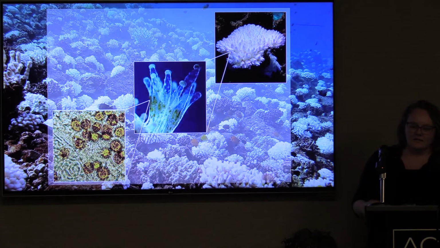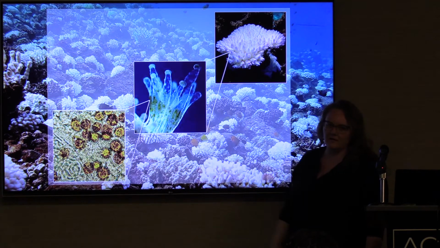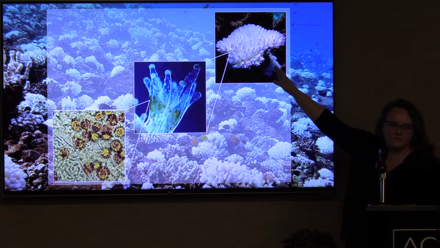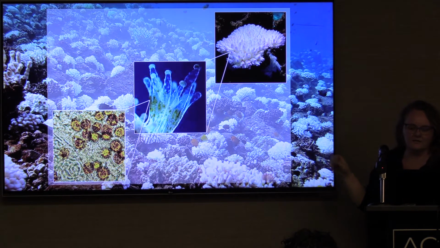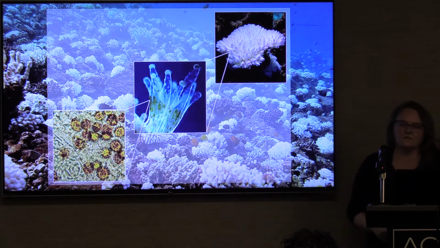And so you can see how this is a scale issue, because this is a process that's happening at a molecular chemical level within a polyp. Hundreds to thousands of polyps make up coral individuals, and then many individuals make up a reef. And these reefs span entire islands, or are as big as the Great Barrier Reef.